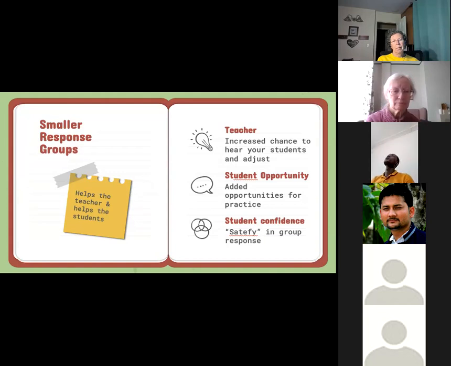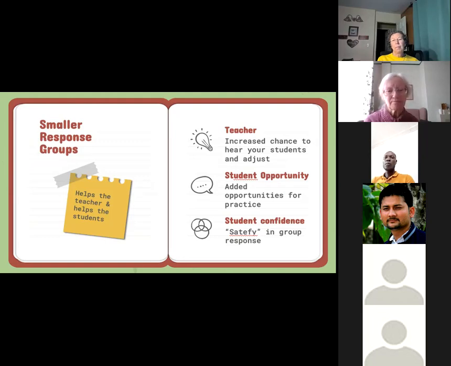You can do this with Think-Pair-Share, and also with smaller oral response groups. Sometimes in your classes, I'm sure you have varying levels of students. And when those that have lower levels of English can be partnered with someone that has higher level skills, they can learn and build some confidence, and that can be helpful.